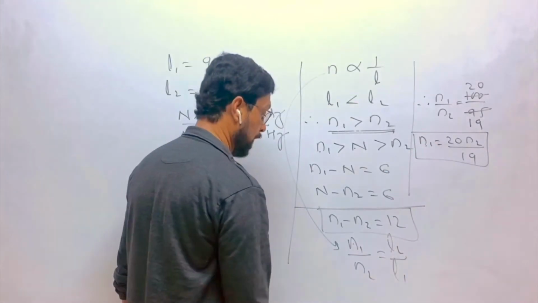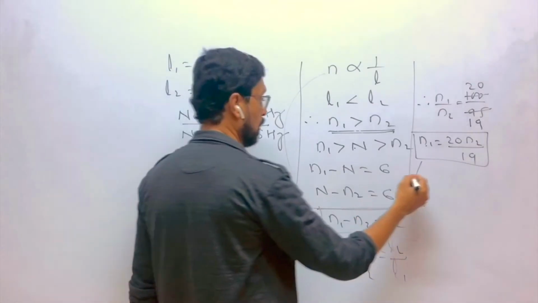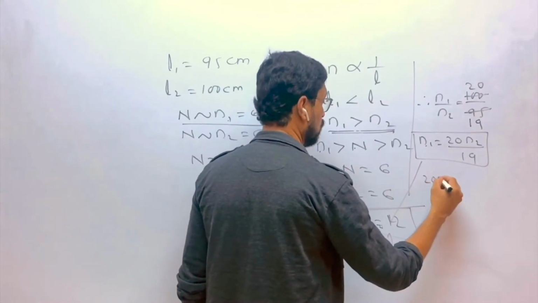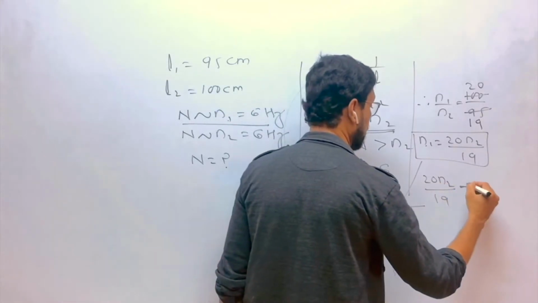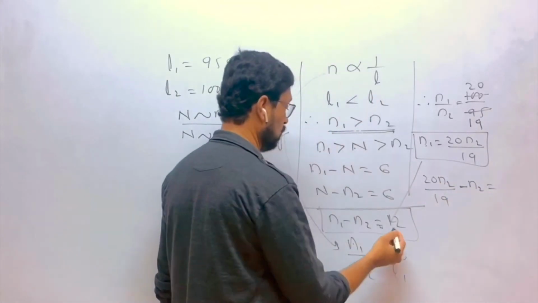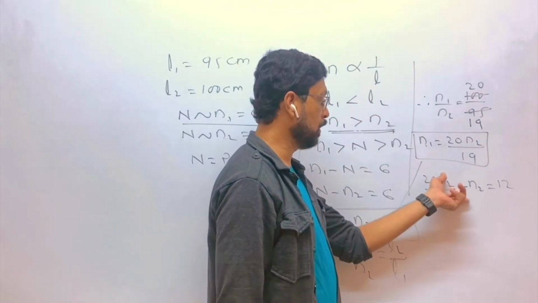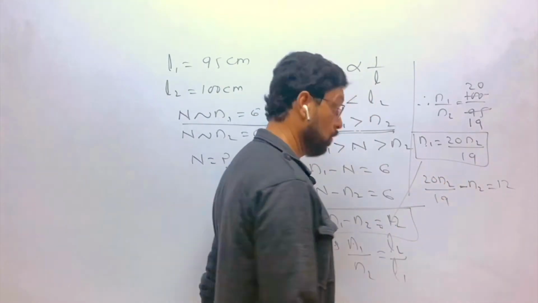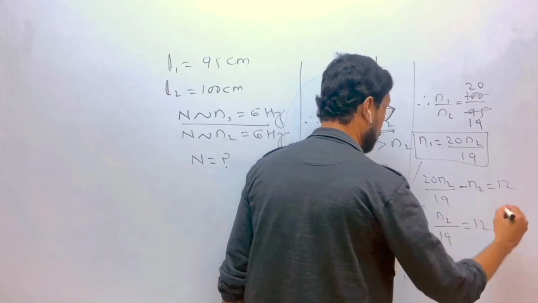This value of N1 you put here. So N1 की जगह पर 20 N2 upon 19 minus N2 is equal to 12. अब इसको सॉल्व करो, 20 N2 minus 19 N2, that is N2 upon 19 is equal to 12.